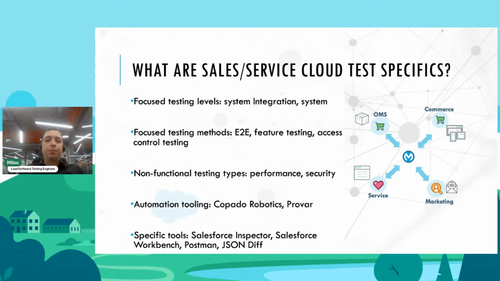So access control testing will be needed. We need to verify for each user role whether it has the right set of permissions and is able to perform only the tasks managed by those permissions. So access control testing for sales and service is quite important.